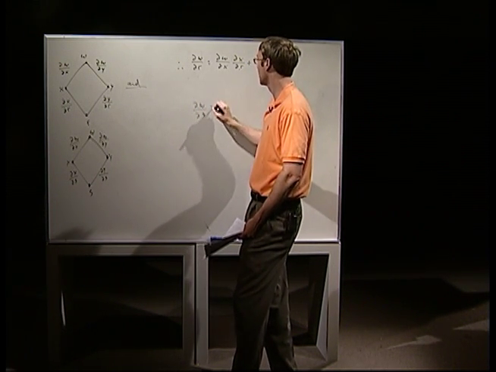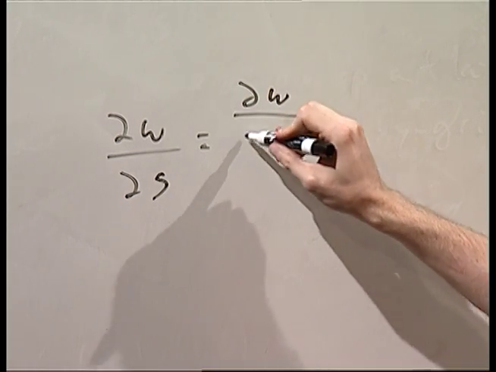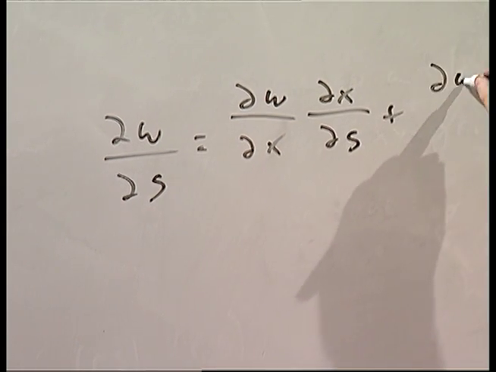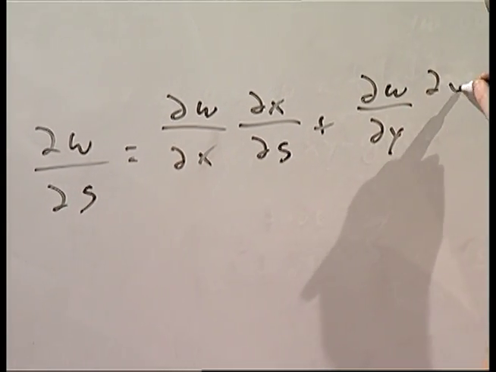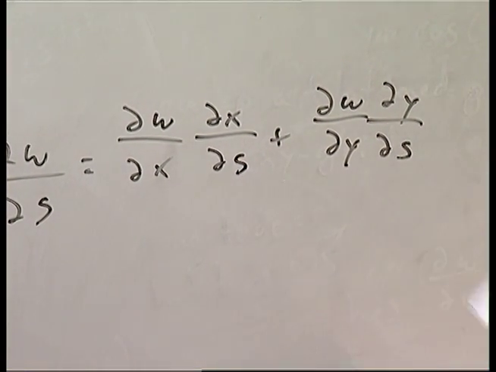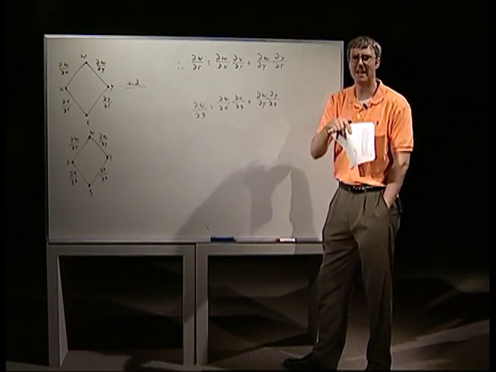Partial W partial S is partial W partial X, partial X partial S, plus partial W partial Y, partial Y partial S. That's the second diagram. Each one of these diagrams is a separate instance of the chain rule.